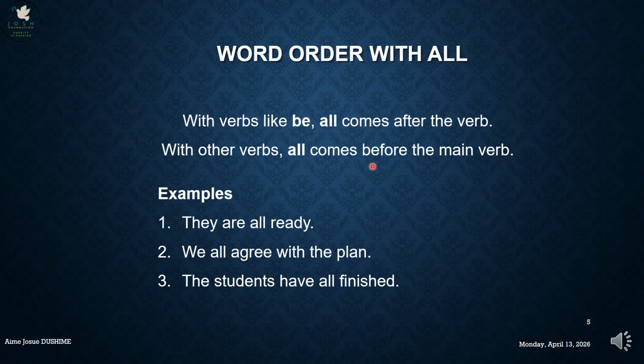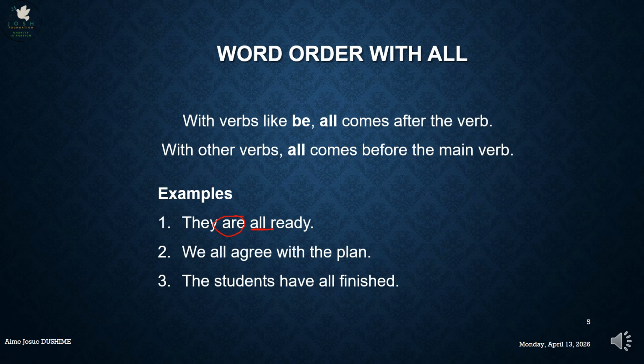If we have other verbs which are not verb to be, we have all first, and then after that, we have that verb. But when you have verb to be, you start with verb to be, then you say all. Let me indicate what I'm saying here. Here you see we have verb to be, are, then we have all.